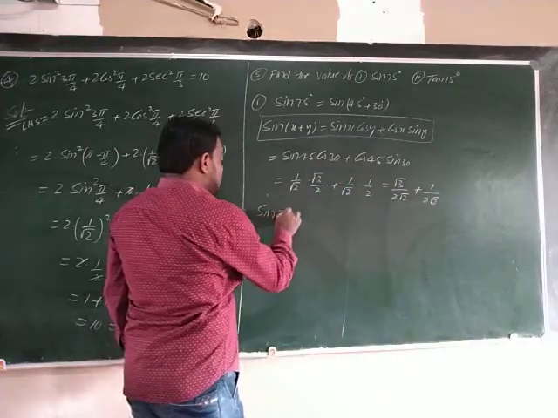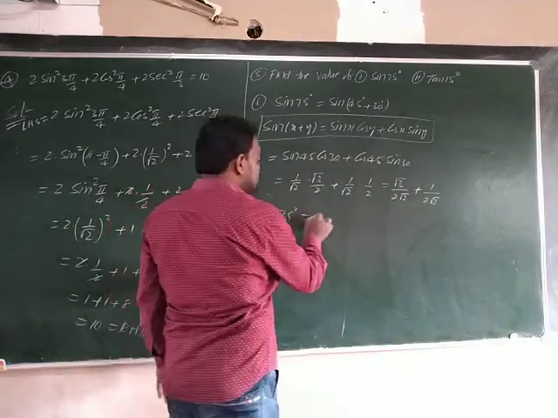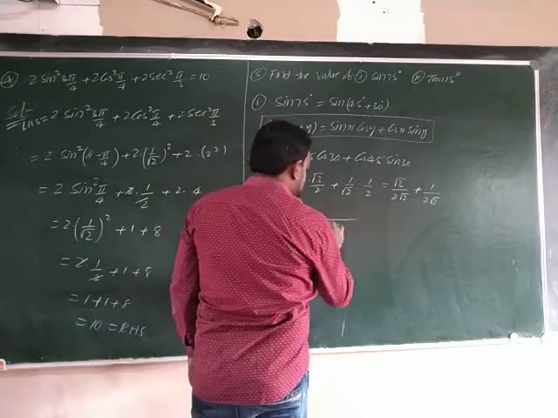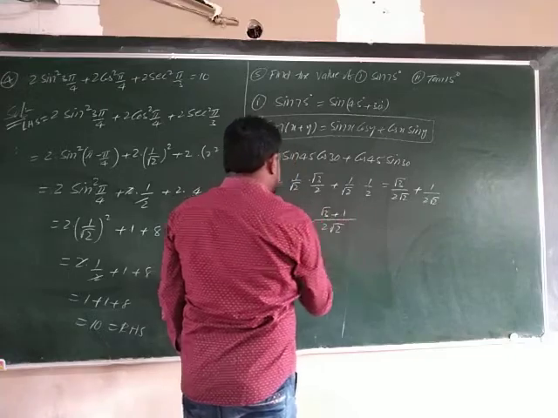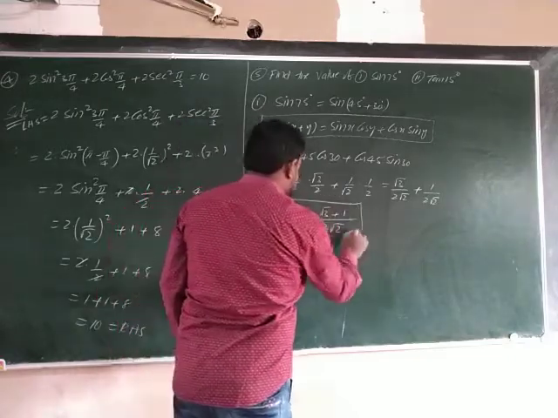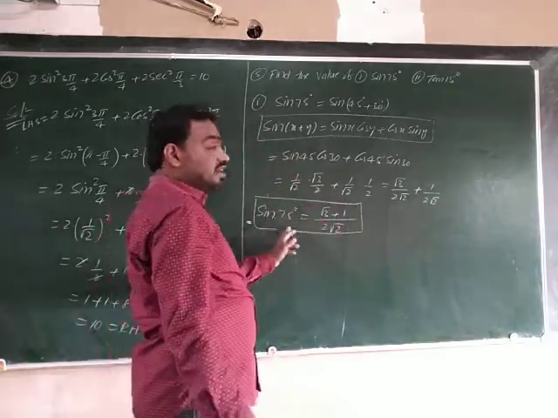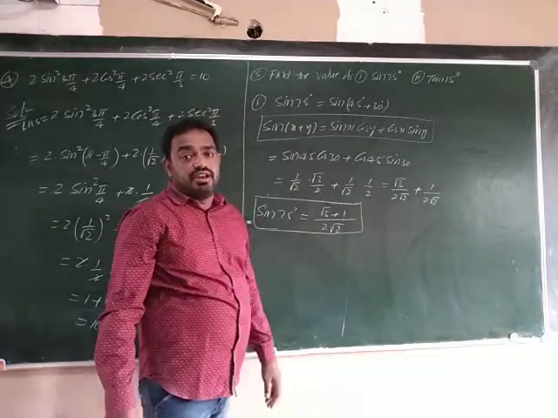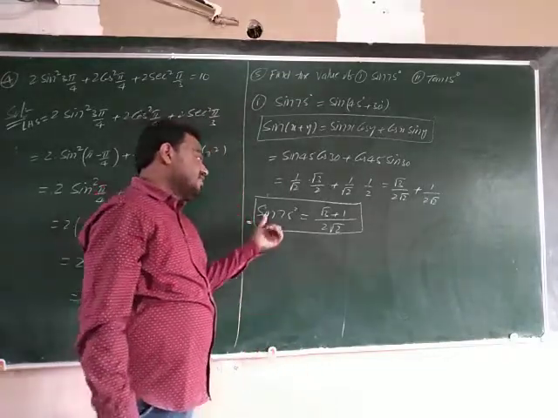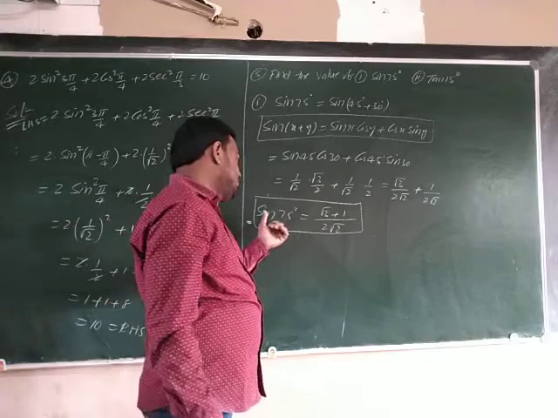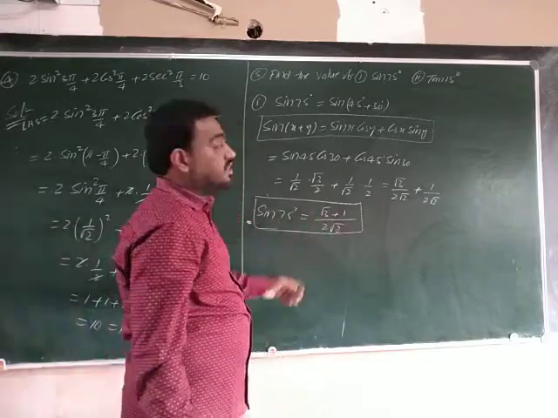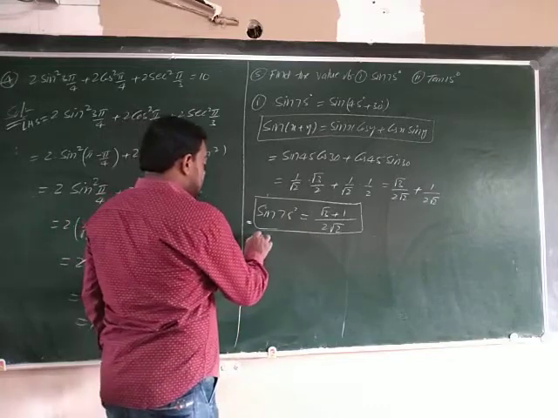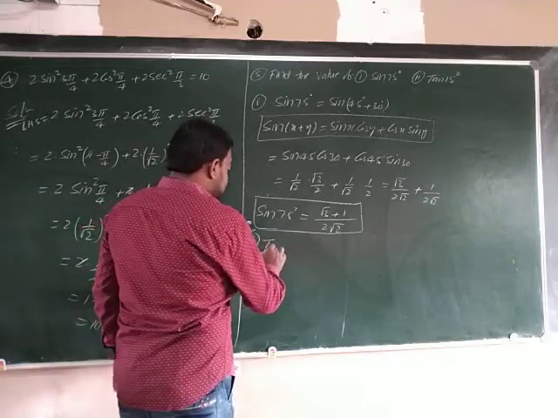Therefore sin 75 degrees is equal to, 2 root 2 is the LCM, numerator root 3 plus 1. This is the answer. And sin 75 equals to what? Cos 15. Sin 75 or cos 15 degrees is equal to root 3 plus 1 by 2 root 2. Remember this value.